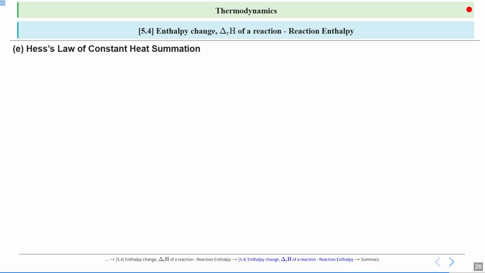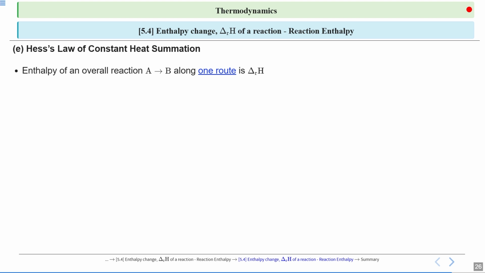Now, moving on further, there is another thing which we can do to understand Hess's law of constant heat summation. We can represent it pictorially. Let us take an example, a hypothetical reaction where A is going to B by one route, right?